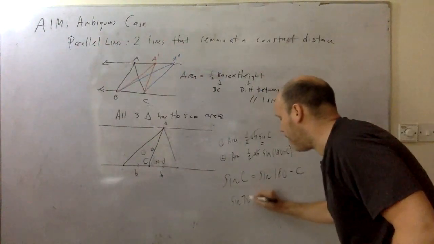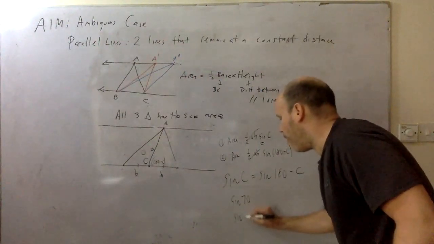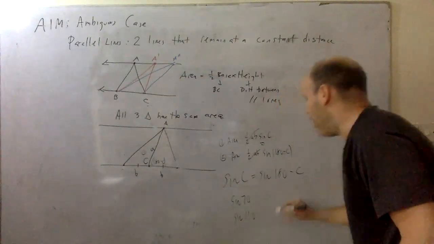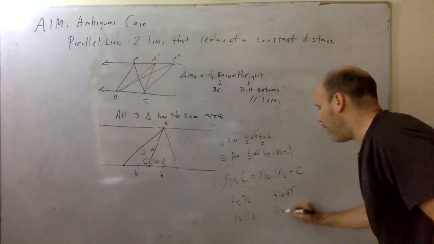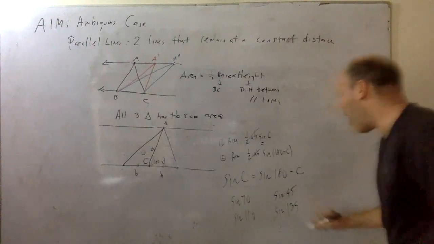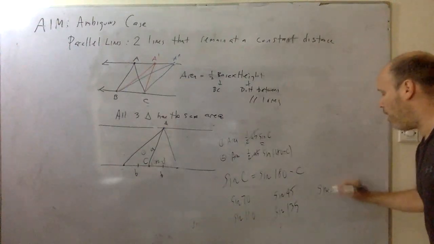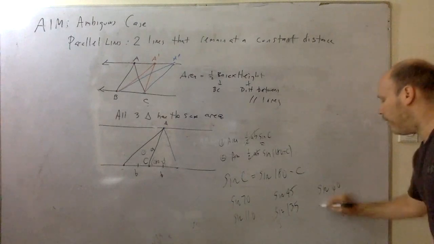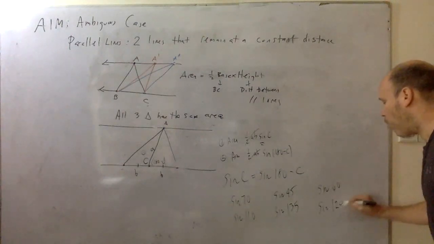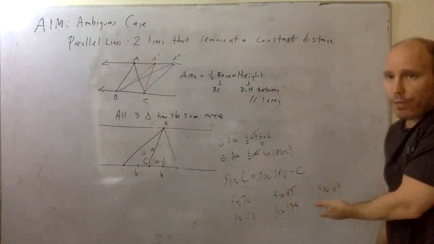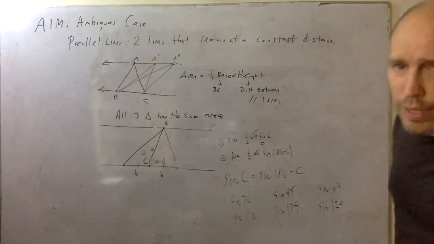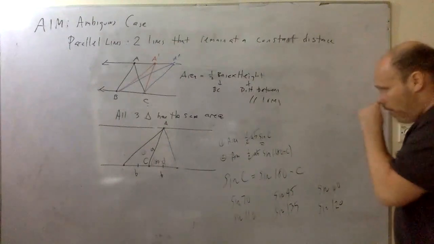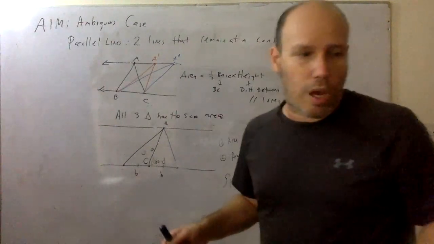The sine of 70, the sine of 110, the sine of 45, the sine of 135, the sine of 60, the sine of 120. Check these in your calculator and be like, oh yeah, they work. These are degrees. You can see down there? Nice. So let's get to some examples.